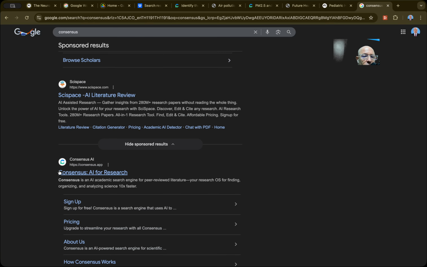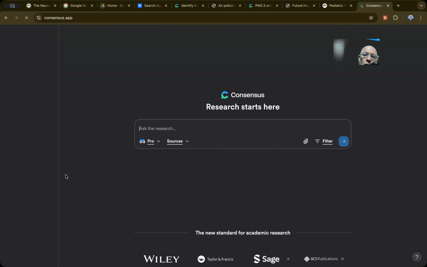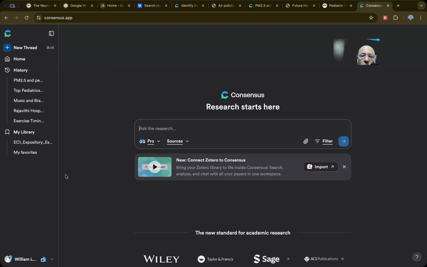It's quite simple. You see this green logo here. Click on Consensus AI for research. And okay, I'm logged in with a pro version. You should be able to get a limited pro version. Let's continue.